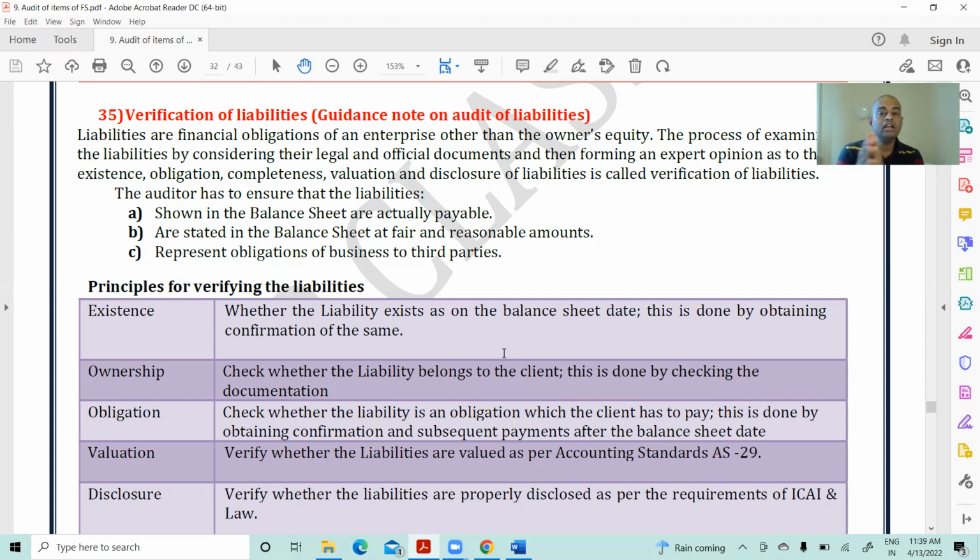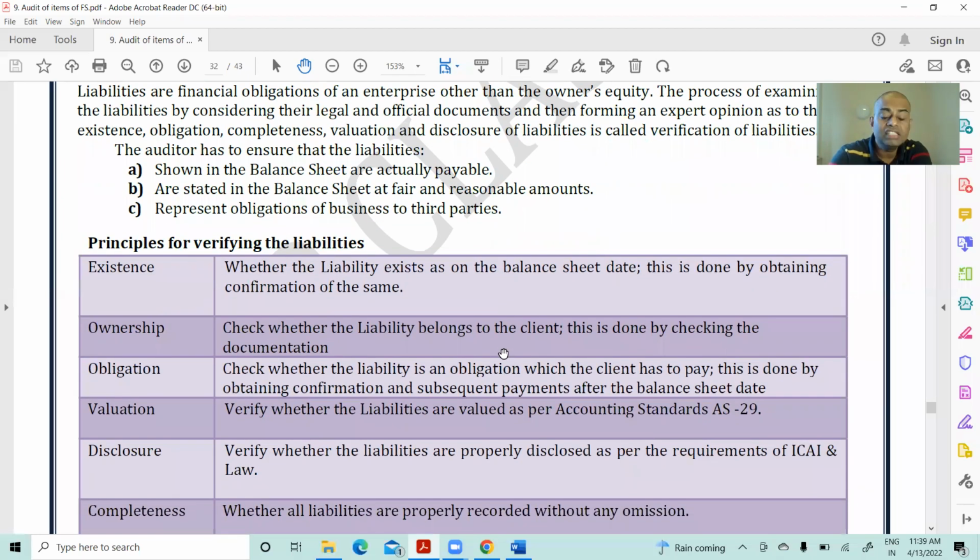Because whatever the outstanding money is on the date of the balance sheet, that should be shown in the balance sheet, isn't it? And if that is due in the next accounting period, you will show it as a current liability. If it is payable after 1 year, then you will show it as a non-current liability. All these things are to be verified by the auditor.